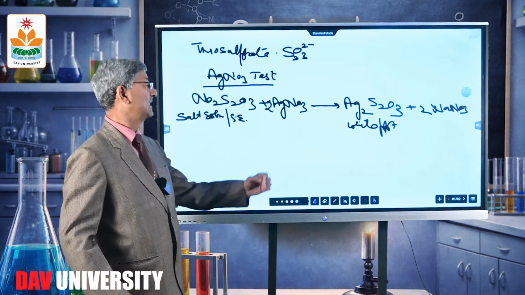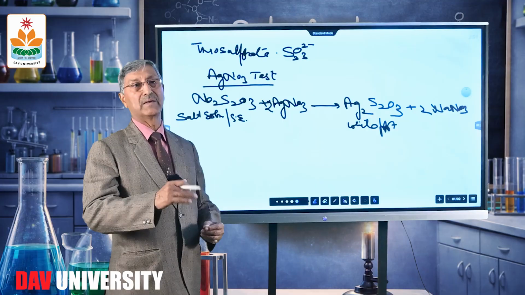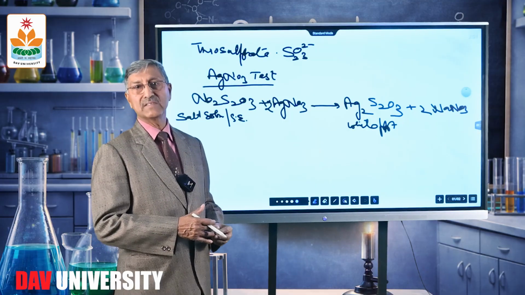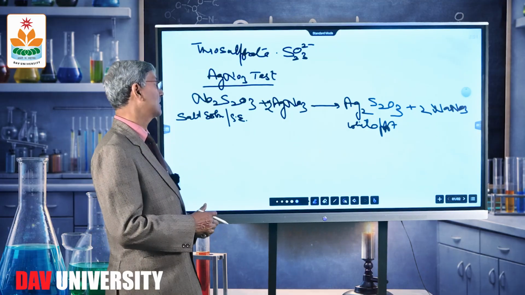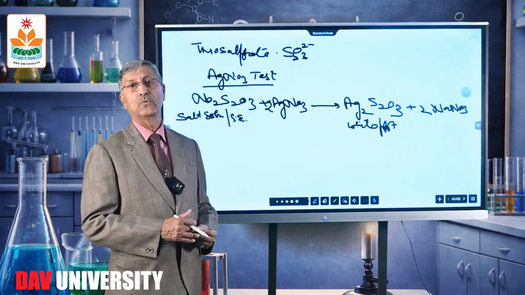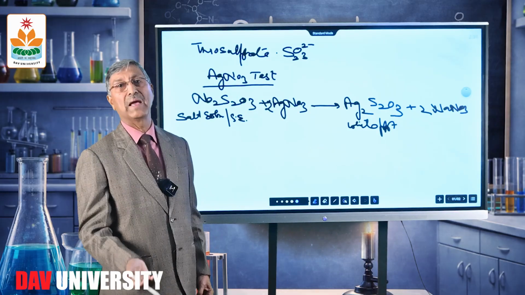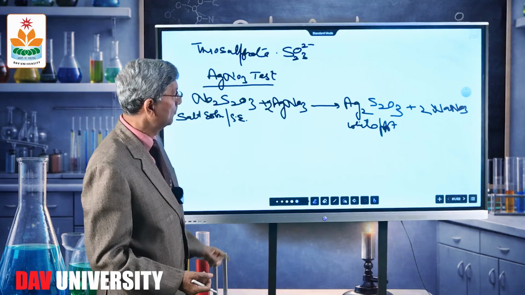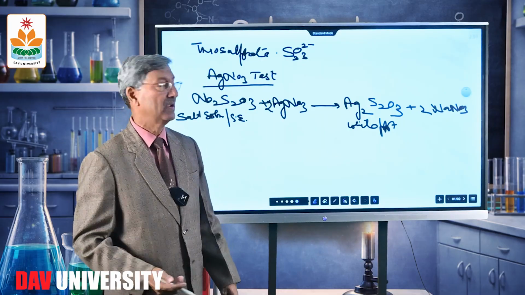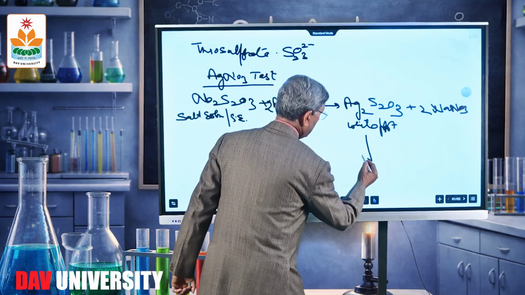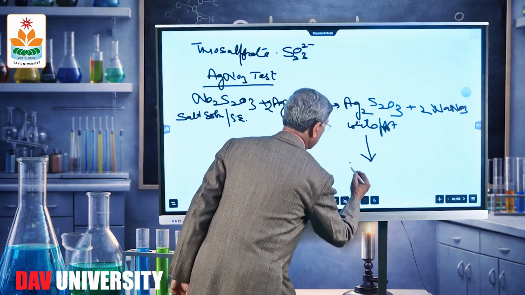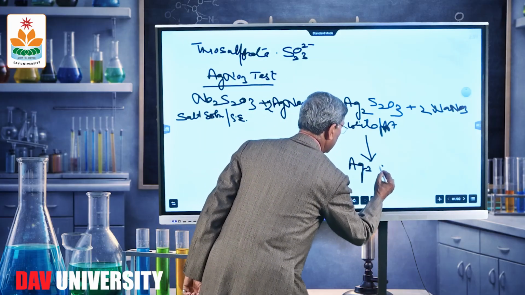This precipitate undergoes structural changes and changes its color into yellow, then orange, and finally it gets black, due to the formation of silver sulfide. So on storing, this changes into silver sulfide, which is black.